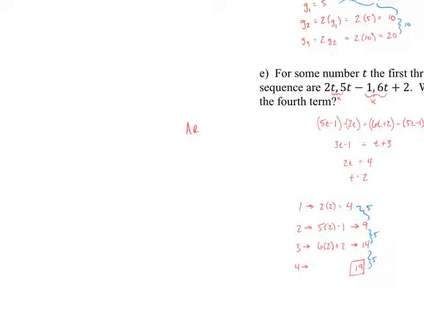I would say because it's arithmetic, therefore the difference between terms 1 and 2 equals the difference between 2 and 3. And of course 3 and 4, 4 and 5, right?